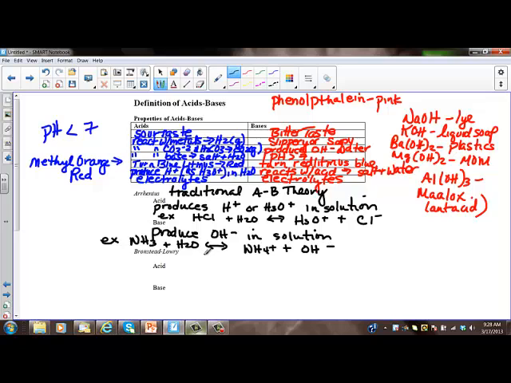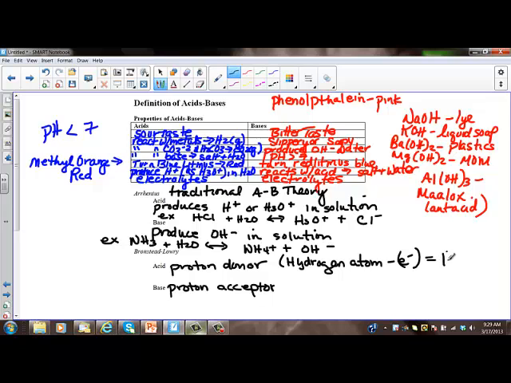The next theory is the Bronsted-Lowry theory, which tells us that acids are proton donors and bases are proton acceptors. When we talk about a proton, we're talking about a hydrogen atom minus electrons. So that's going to equal H plus, the hydrogen ion.